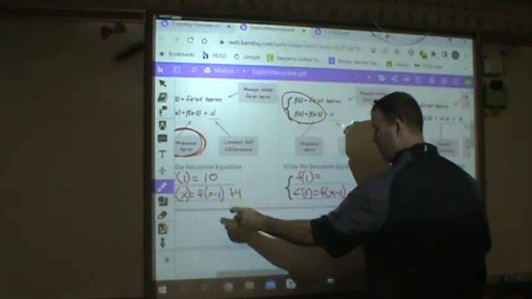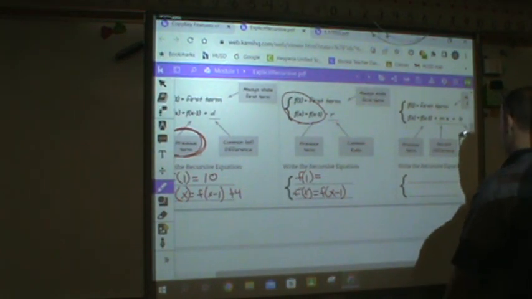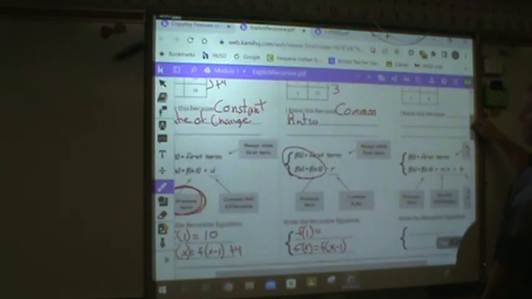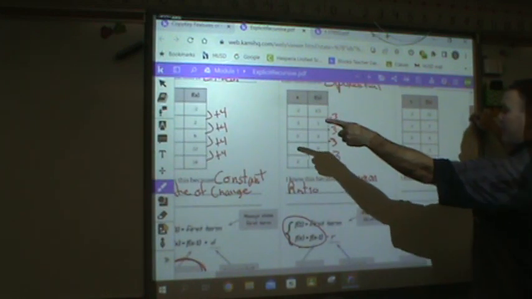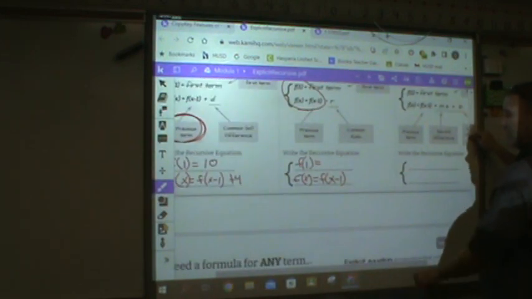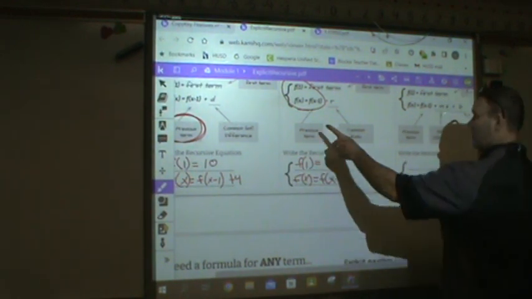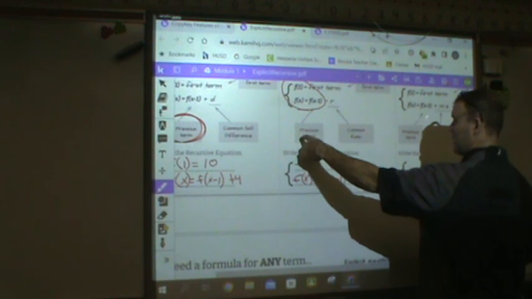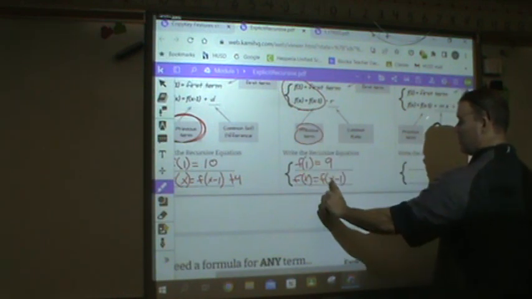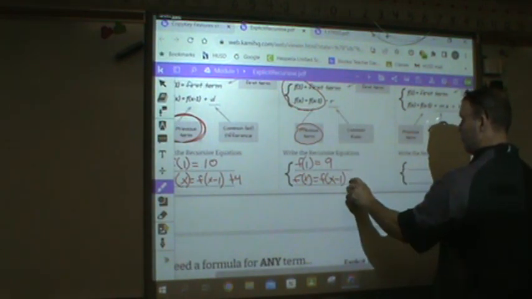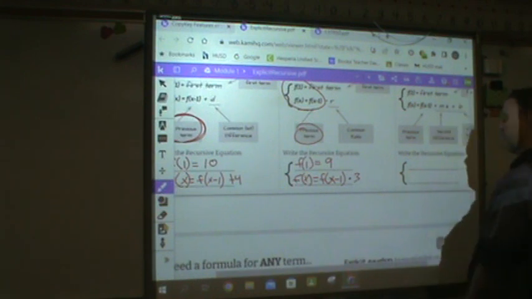It's the same as it was over here. But what changes? Well, gee, maybe the value of the first term changes. f of 1 is 9. Yes, so instead of f of 1 being 10, f of 1 is 9. Now, what does it want me to do? It wants me to take, again, the previous term and do what with it? Multiply it by the common ratio. There, you're done.